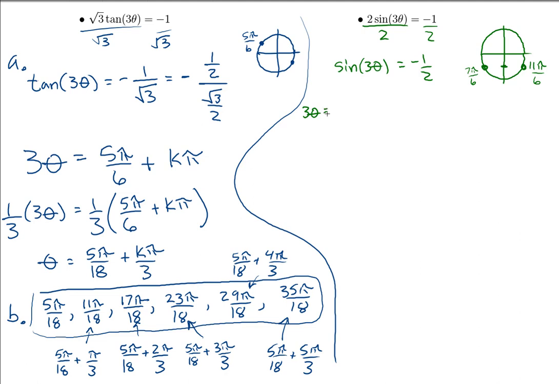3 theta equals 7 pi over 6 plus 2k pi. 3 theta equals 11 pi over 6 plus 2k pi. Right, and we can of course get theta by itself by multiplying by a third on both sides.